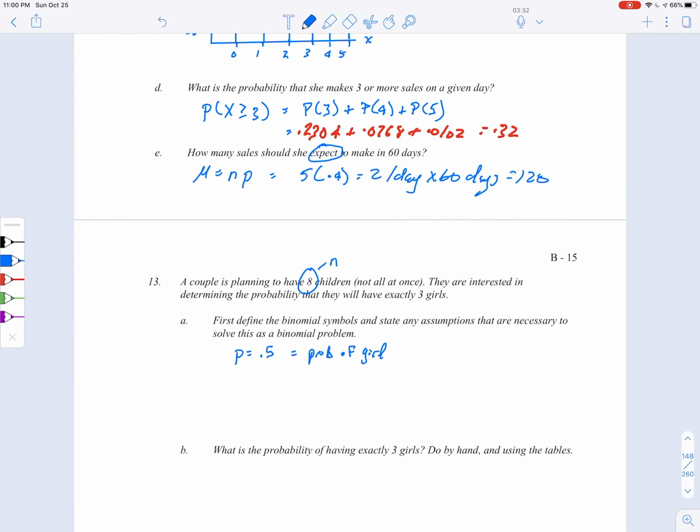By the way, before we leave this one, why is it that the probability of having a girl is 0.5? And it's erroneous to think, and this goes back to our very first lesson here on the binomial distribution, it's erroneous to think that it's just because there's 2 possibilities, a boy and a girl. That's actually erroneous.